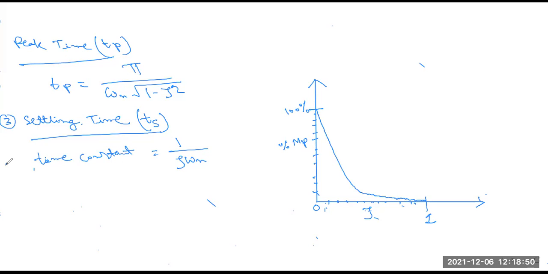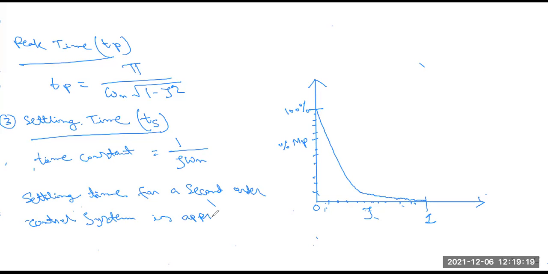The settling time for a second order control system is approximately 4 times the time constant of the system.